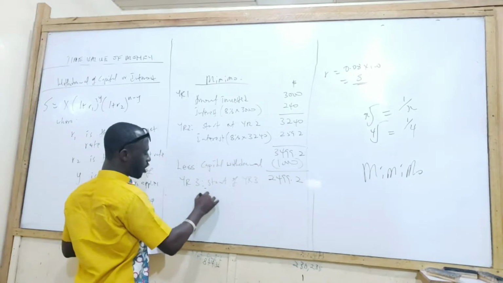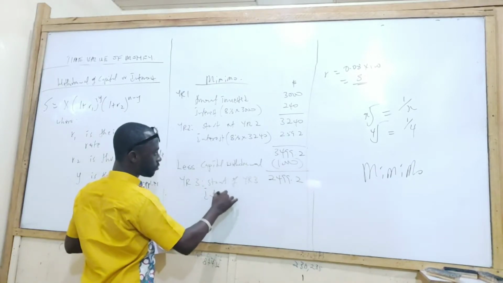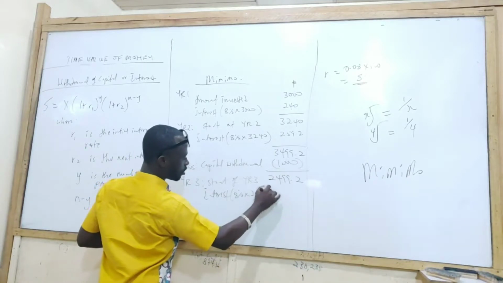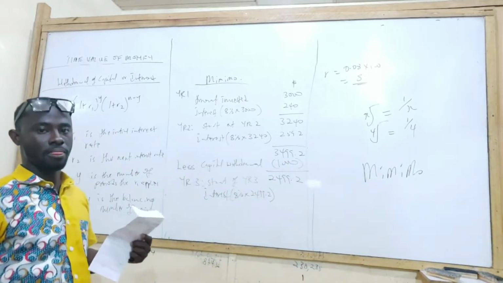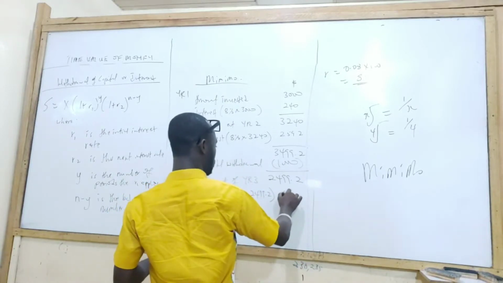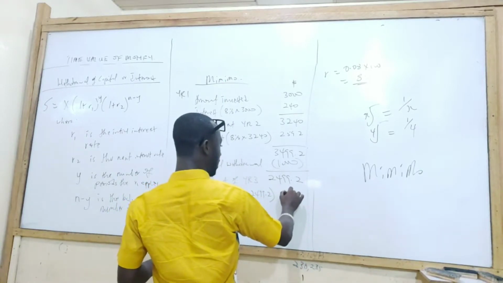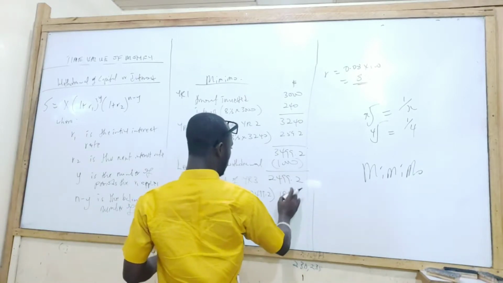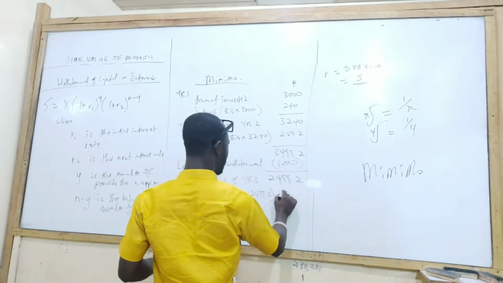So year 3, interest will now be 8% on that. What do you get? 199.9, so approximately 200.